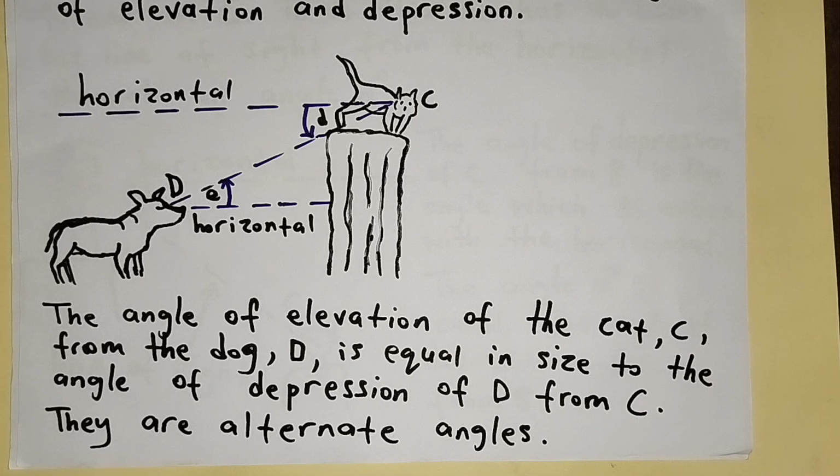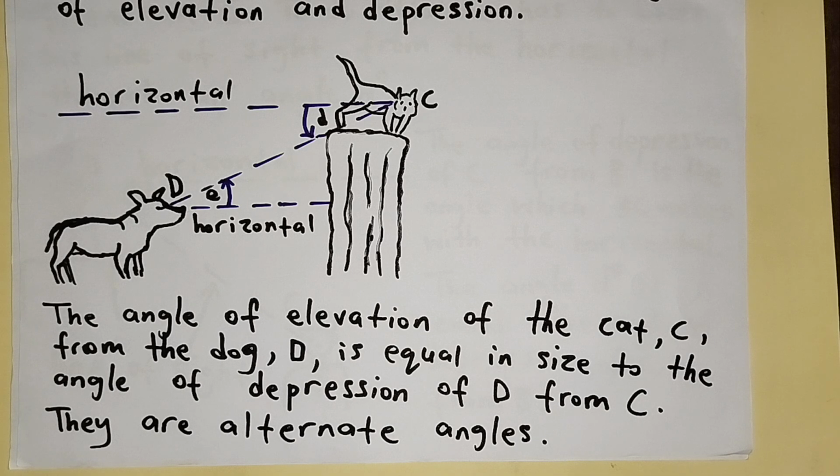So the angle of depression, this D, of the dog, let me start with the angle of elevation. The angle of elevation of the cat C from the dog D is equal in size to the angle of depression of the dog D from the cat C. They are alternate angles.